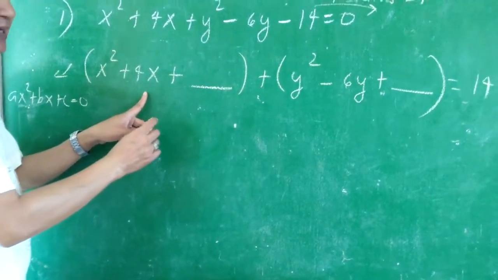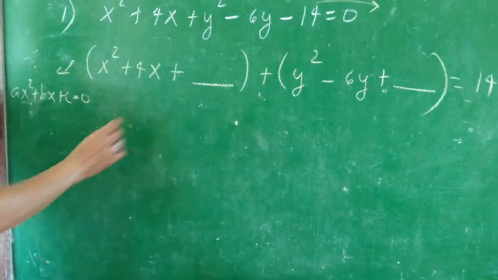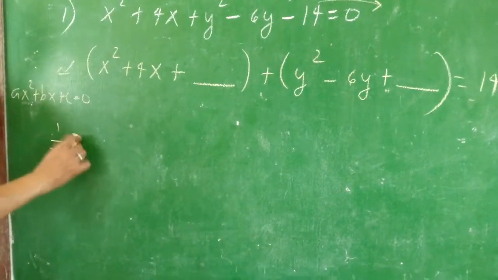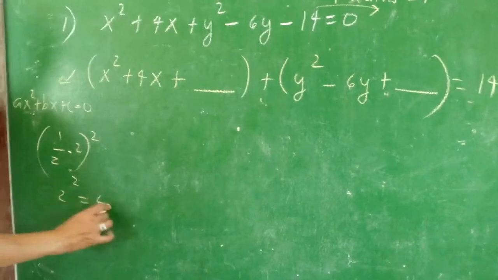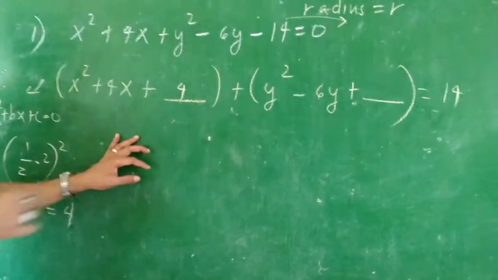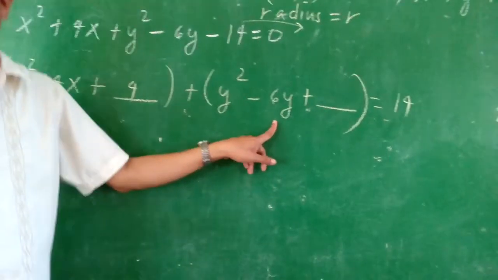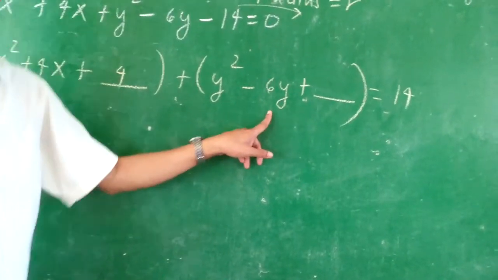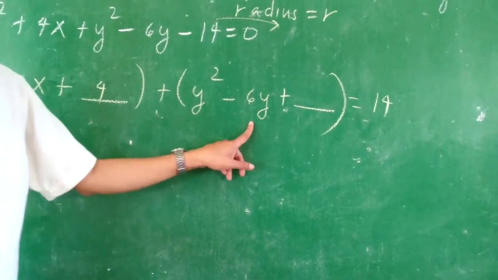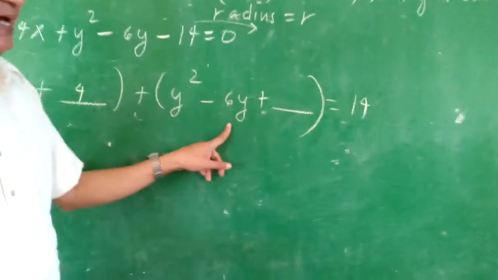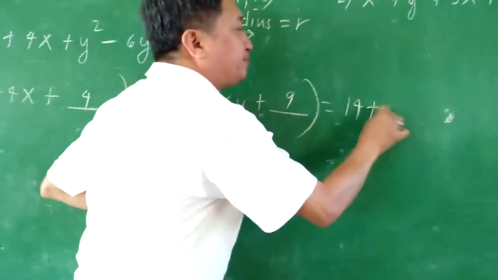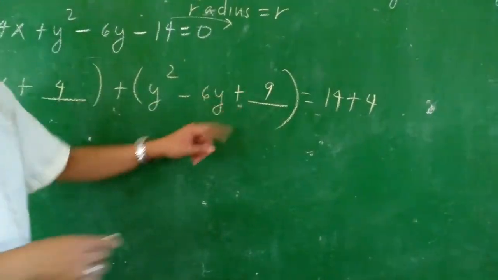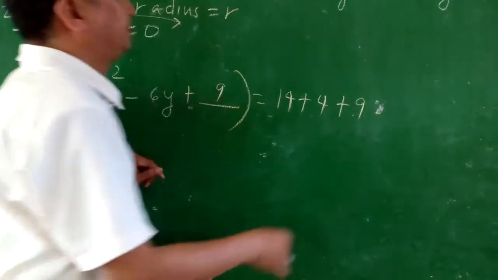Squared it, that will be 4. So that is 1/2 of 4, 2 squared is equal to 4. 1/2 of 6, or 6 divided by 2 if you want, will be equal to 3. Square it, 9. So we add 4 and we add 9.